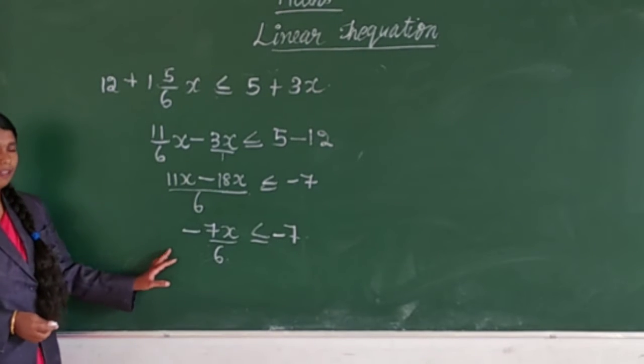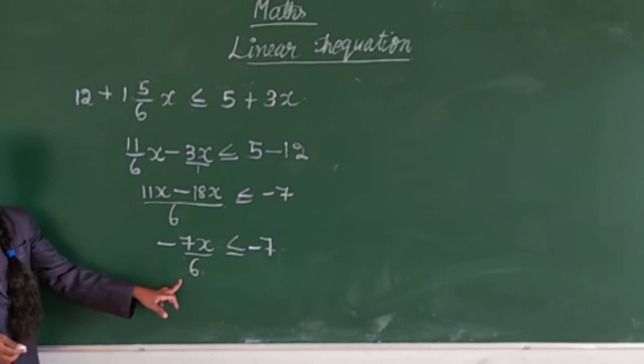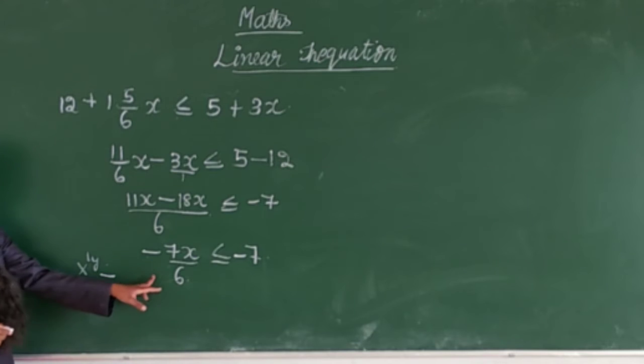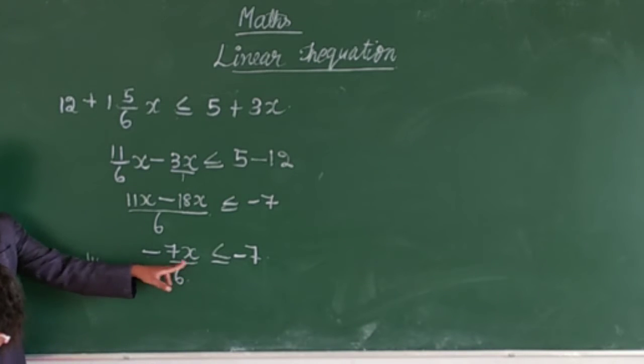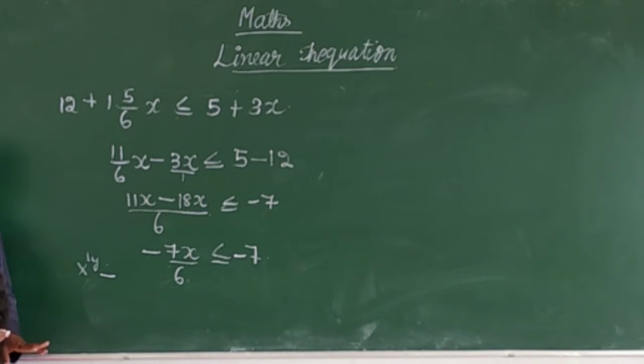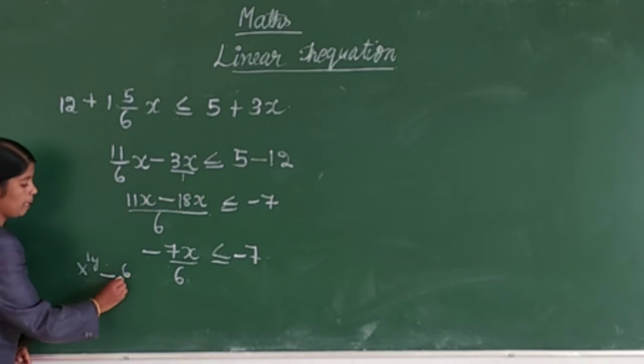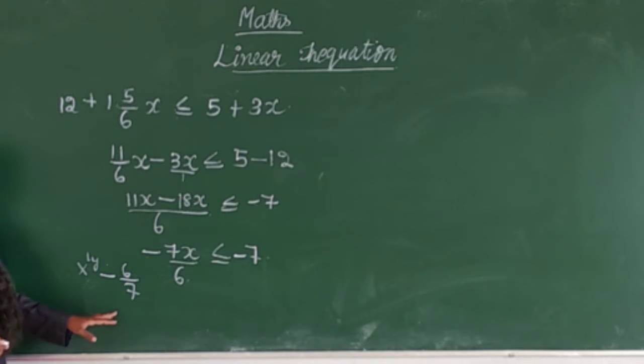Here you observe we have to remove minus 7 by 6. Right? So we have to multiply with minus sign, since we need positive sign with x. So minus into minus it will become plus. We want to cancel 7 by 6. So we have to multiply by 6 by 7 on both the sides. Multiply by minus 6 by 7 on both the sides.